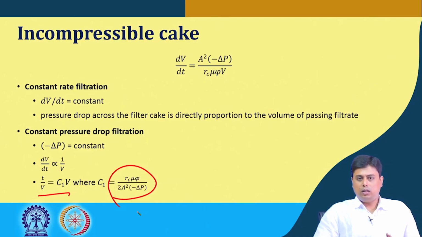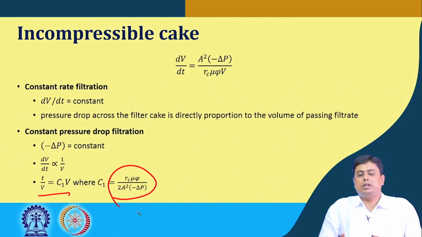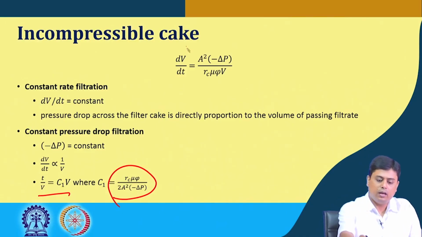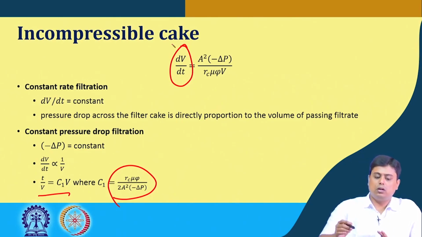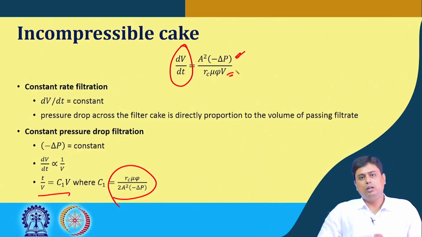So, which means there are two scenarios that can happen. One is the constant rate filtration, where dV/dt is constant. If this rate is constant, and you desire so, your pressure drop increases with the volume of the passing filtrate.